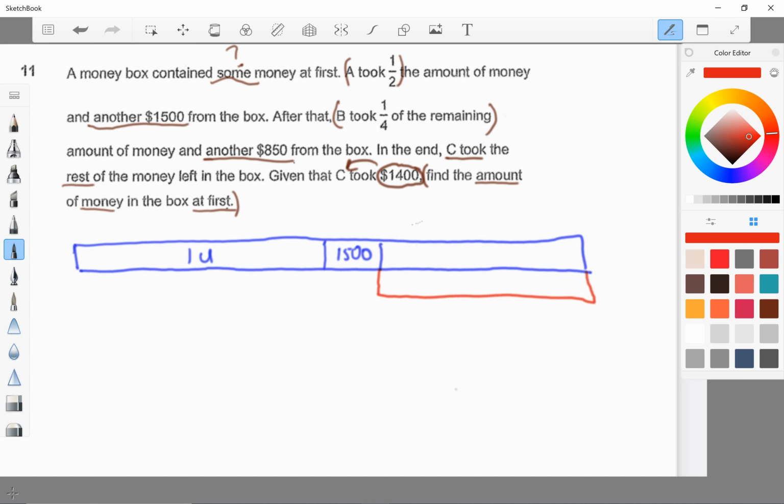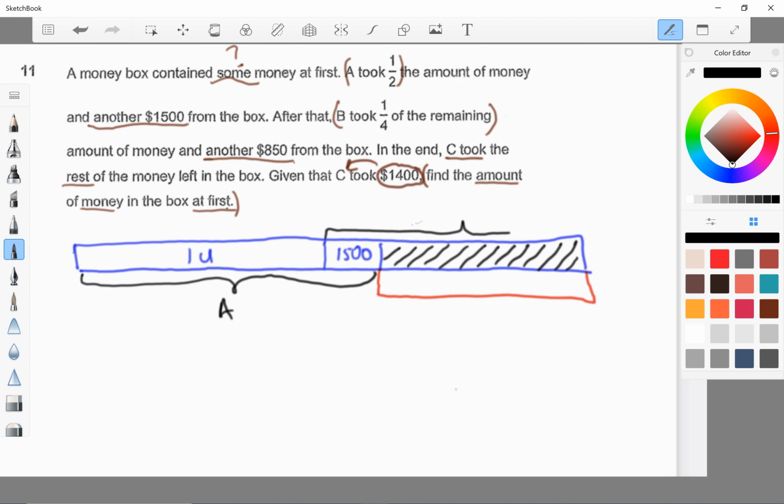And at the same time, 1 unit together with 1,500 belongs to A. Normally I would like to shade this part. So it's extremely clear that the shaded portion together with 1,500 is actually 1 unit.